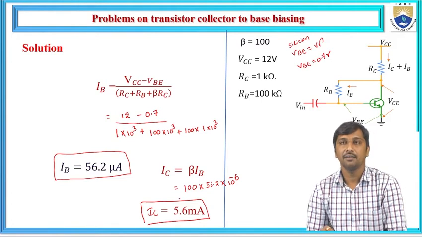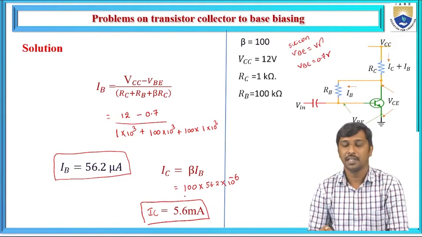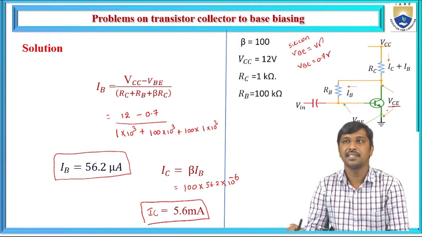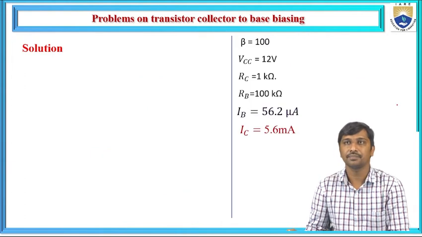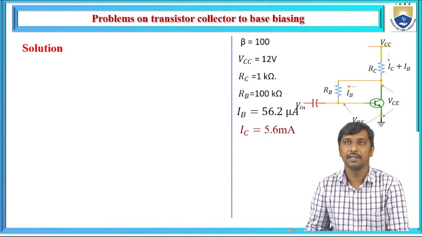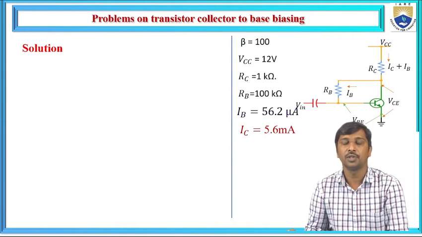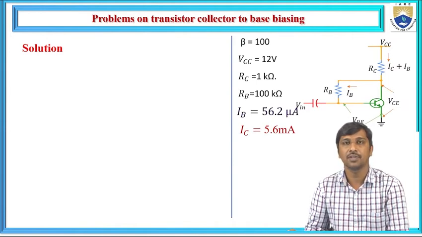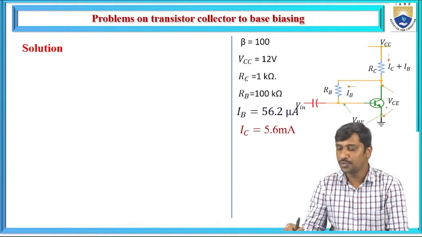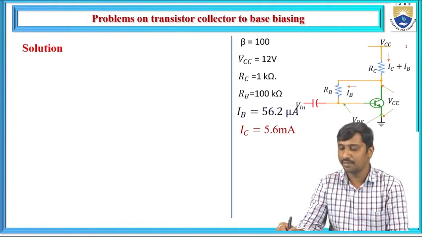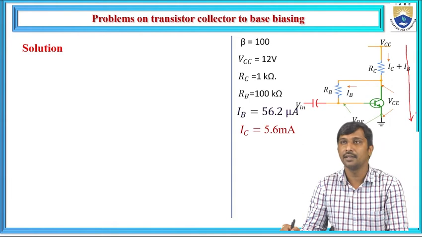To define an operating point, again we need to identify the VCE parameter. Hence, I am going to calculate how much output voltage is produced with respect to the common terminal. To observe this VCE, again apply the KVL at the output side.